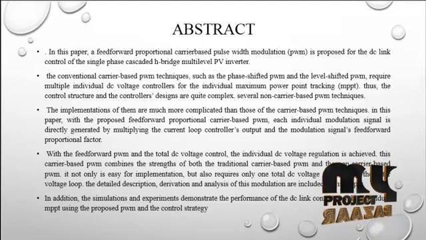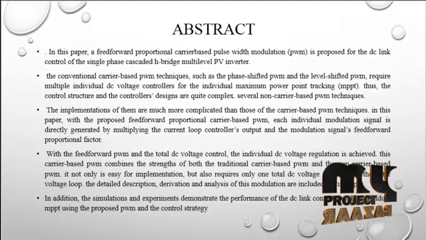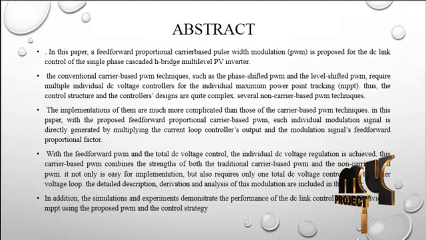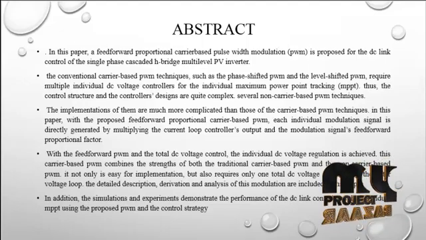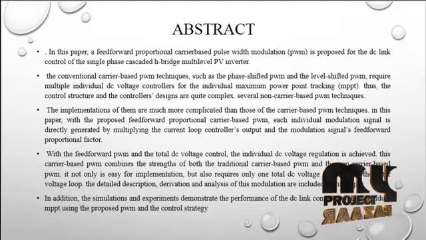These carrier based PWMs combine the strengths of both traditional carrier based PWM and non carrier based PWM. It is not only easy to implement but also requires only one total DC voltage controller in the voltage loop.